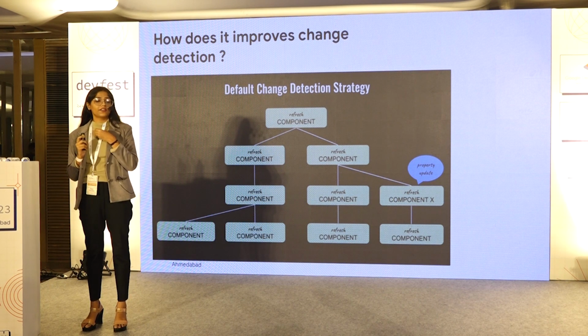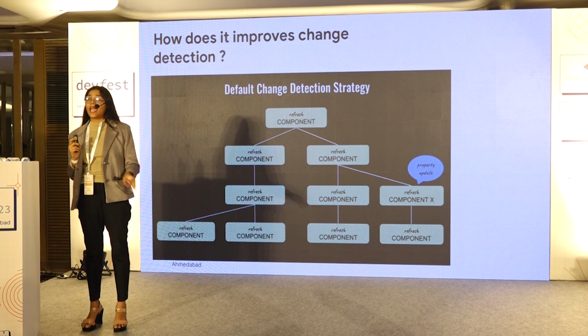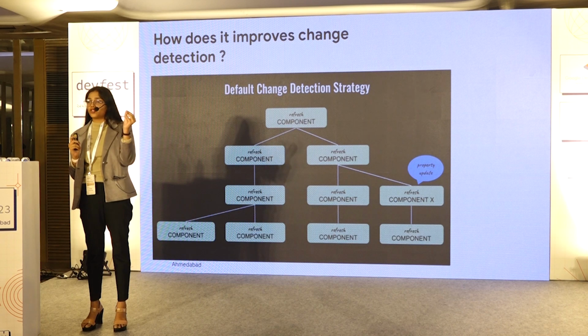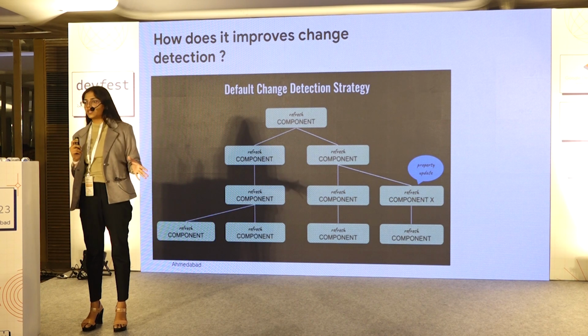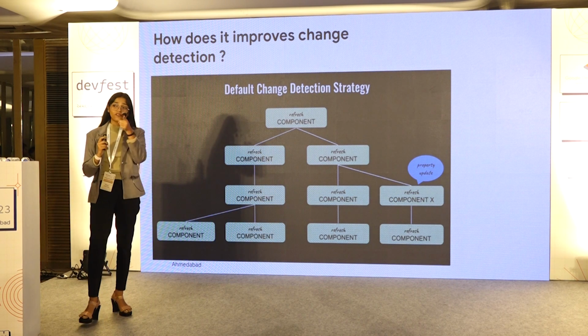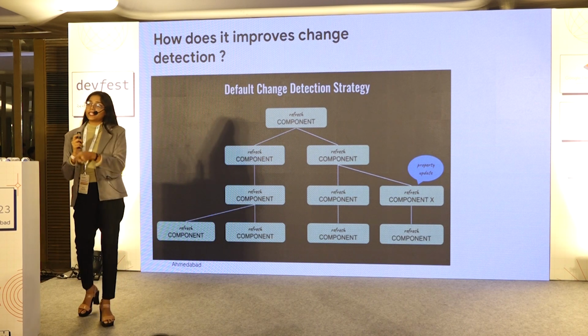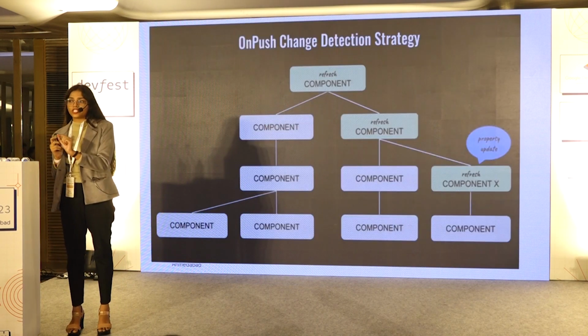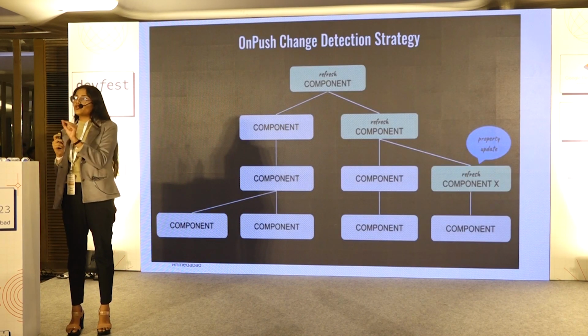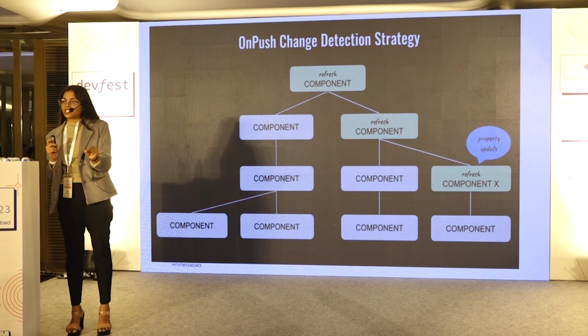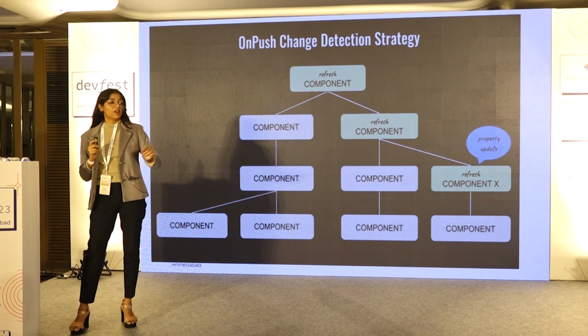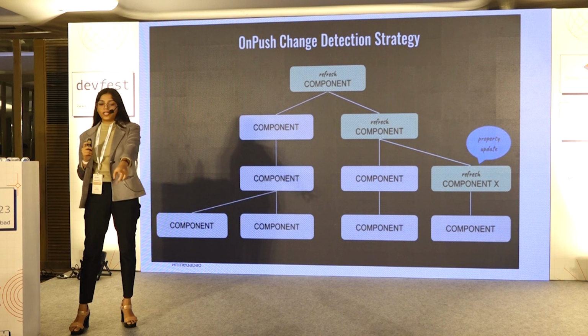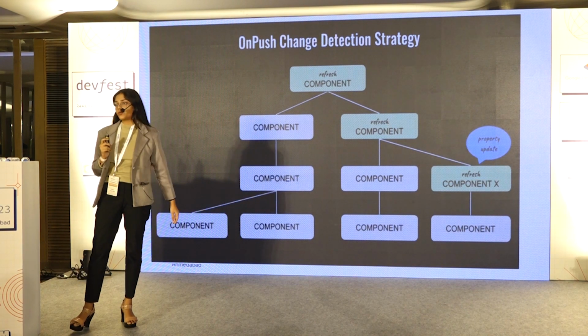Just imagine how much time it is going to take if your change detection strategy is running for, let's say you have 50 components and it is running for 50 components. So to solve this problem, what the Angular team has introduced is the on-push change detection strategy. So if you have on-push change detection strategy, then when a particular component, like here I have mentioned that component X.